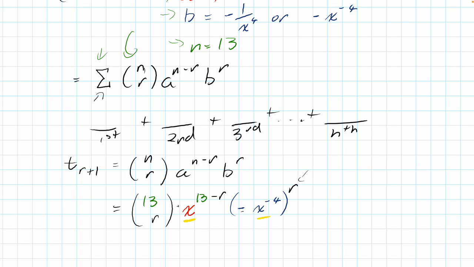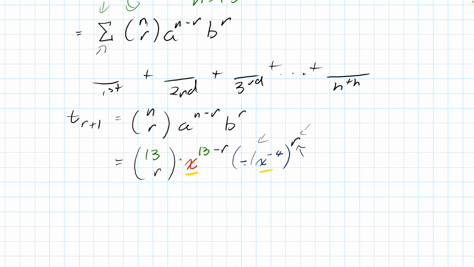So I'm actually going to common factor out this negative 1. And when I common factor out this negative 1, I have to be aware that that r is technically part of this negative 1. So that's a really tricky piece of this. Because of a rule of multiplication, I'm going to put negative 1 to the power of r. I've actually just common factored that out of this piece, so that the bases look a little more similar to each other.